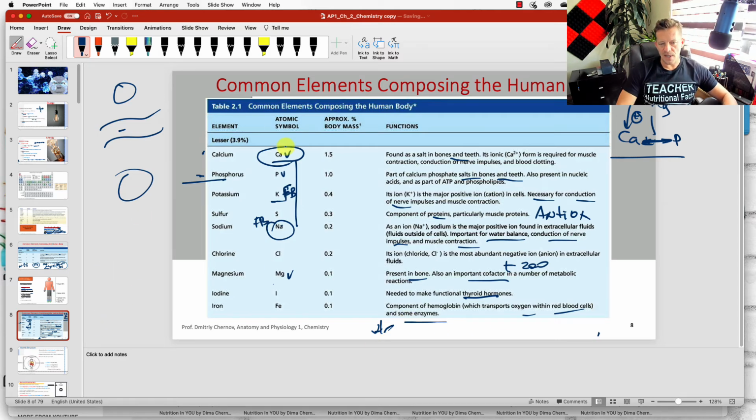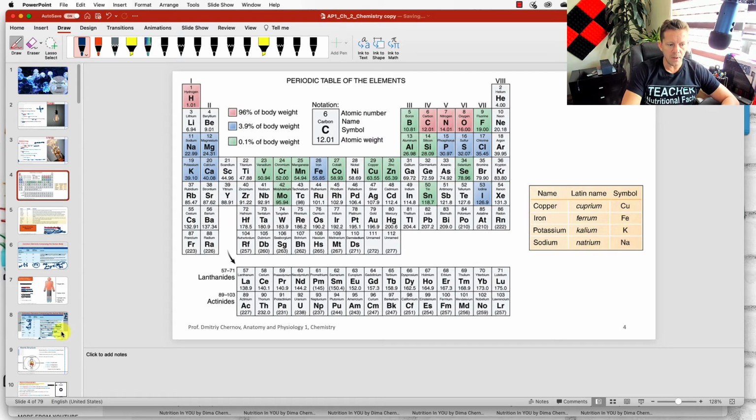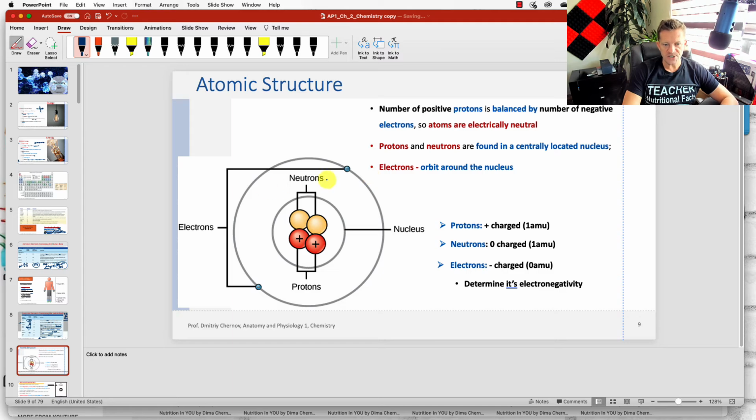So this is just like a basic overview of the common, but this I cannot say major overview of common elements that are part of our body. This is like a reminder, you should know that, right? So atoms, everything that you look at on the periodic table has the structure. It's just the number of neutrons, protons, and electrons.